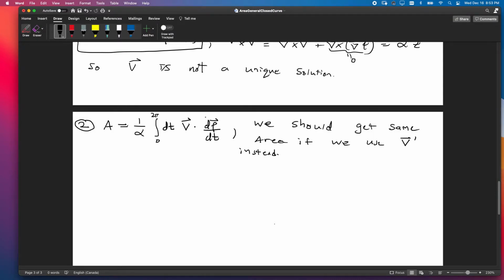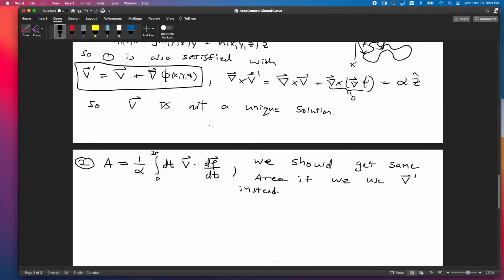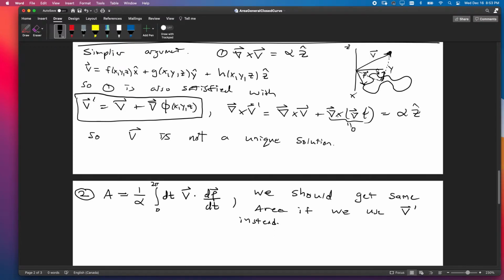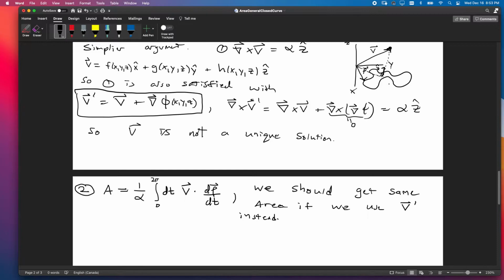The area should only depend on the path we walk. It shouldn't depend on this vector field that I'm not even sure what it physically means.